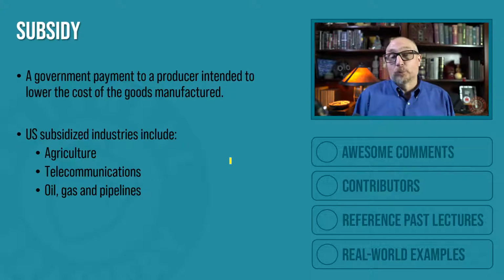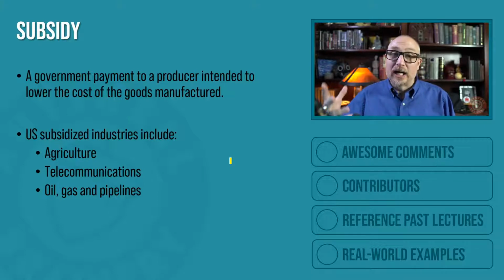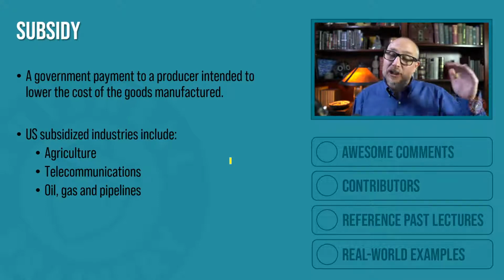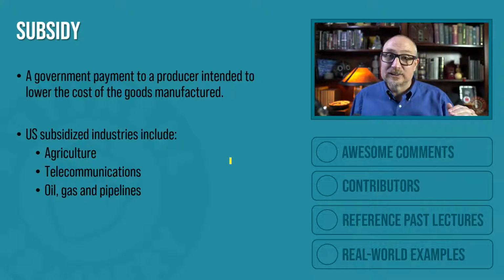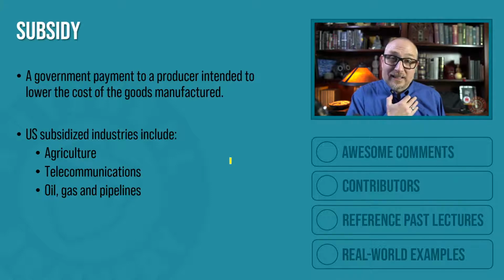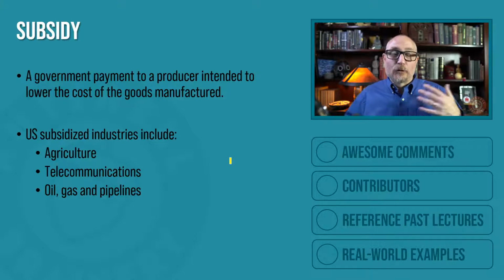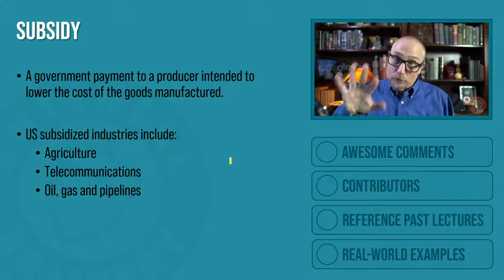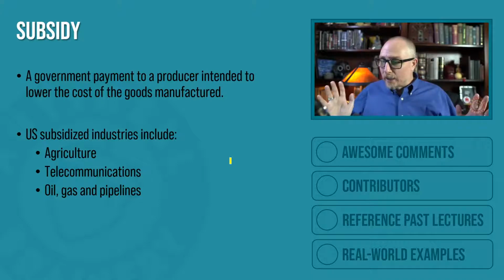Now, this is one of the reasons that China is able to sell steel so inexpensively, because China subsidizes their steel industry. So whereas it would cost us $100 to make something, it would cost them only $20 because they're subsidized. And therefore they have an unfair trade advantage. More about that on Thursday.